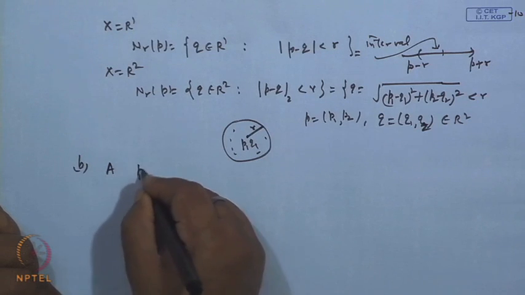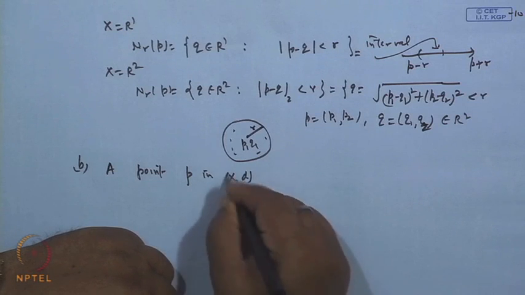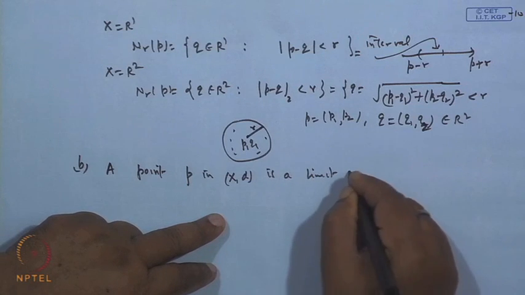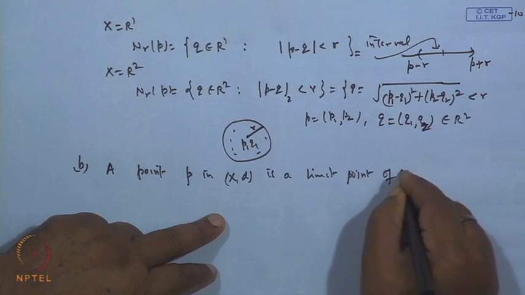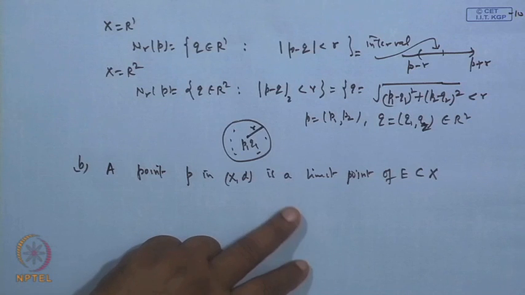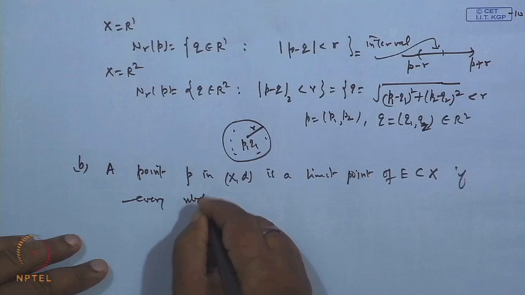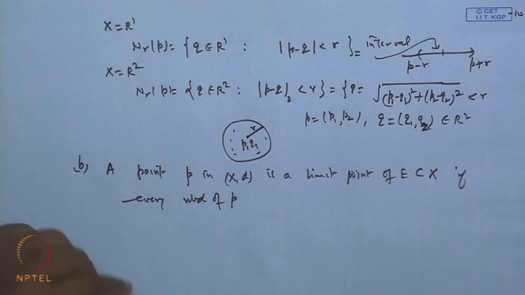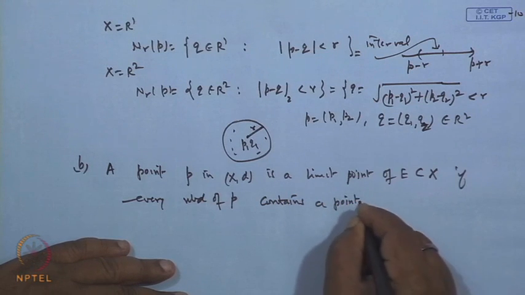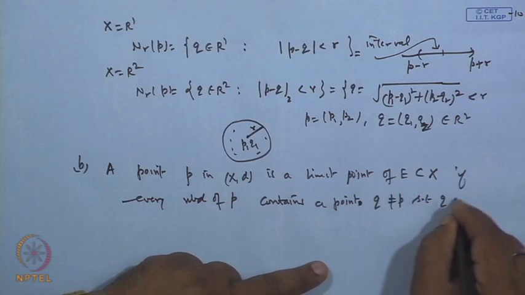A point P in a metric space X, d is a limit point of the set E, which is a subset of X, if every neighborhood of P contains a point Q different from P such that Q is in E.